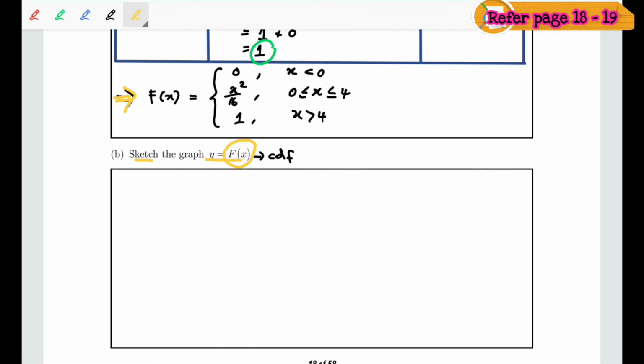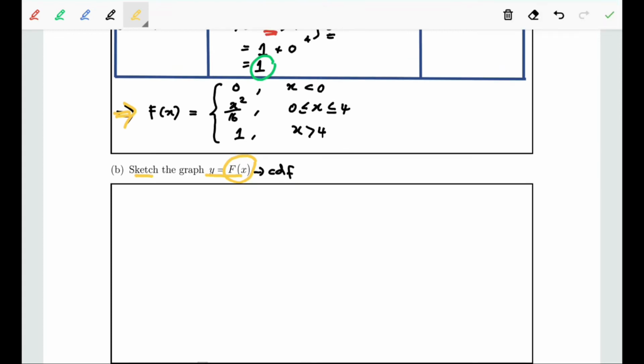Right. So back to the Fx, the CDF that we found before. Altogether we have 3 functions, starting from 0, and then the second function continues with the quadratic and ends up with a constant. For the quadratic function, we're going to write it here, Fx, x squared over 16.